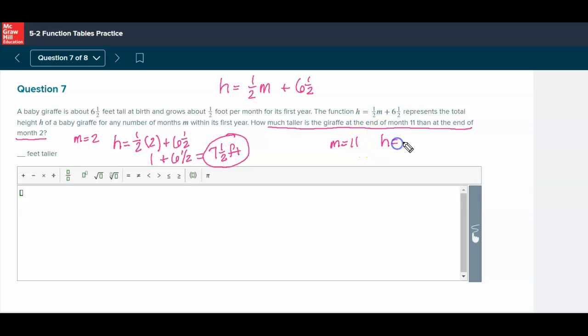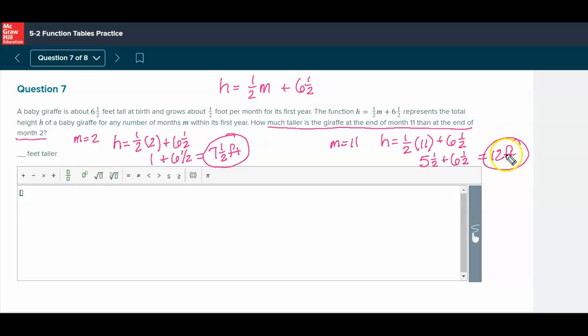Well, h equals 1/2 times 11. Ew, I don't like that. Plus 6.5. Well, half of 11 is 5.5. Plus 6.5 gives us 12 feet. So at the end of month 11, he is 12 feet tall.